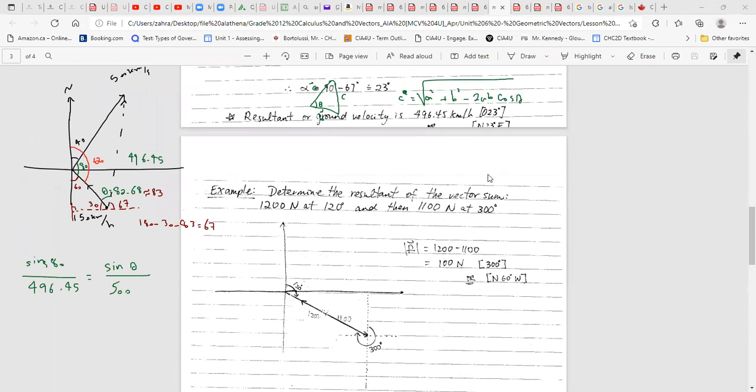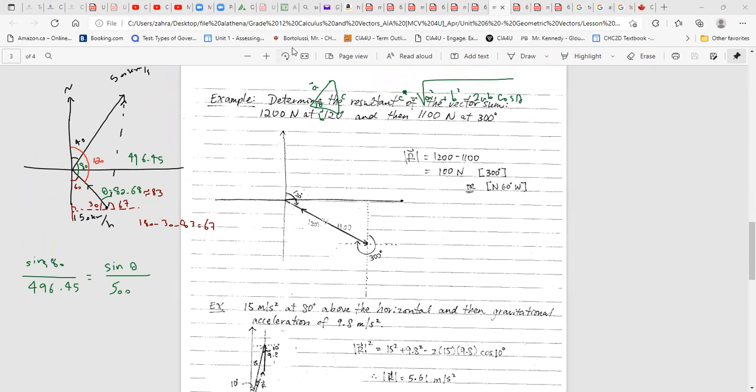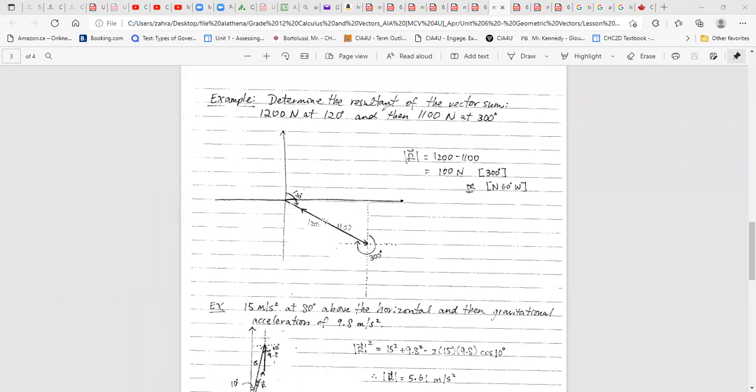Okay, there is another example here. I'm going to erase that. Determine the resultant of the vector sum of 1,200 Newtons at 120, and then at 300 degrees. A bearing of 120 means you just start from north and go clockwise 120.